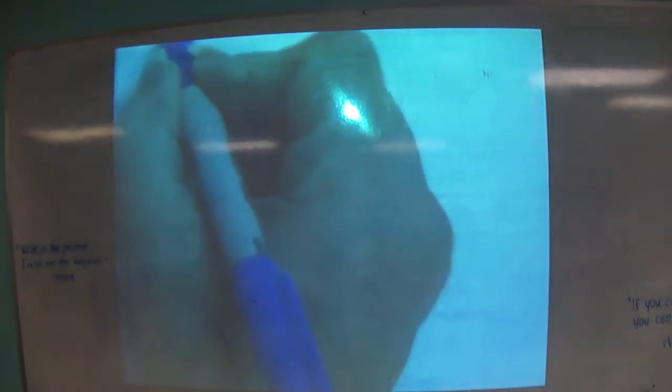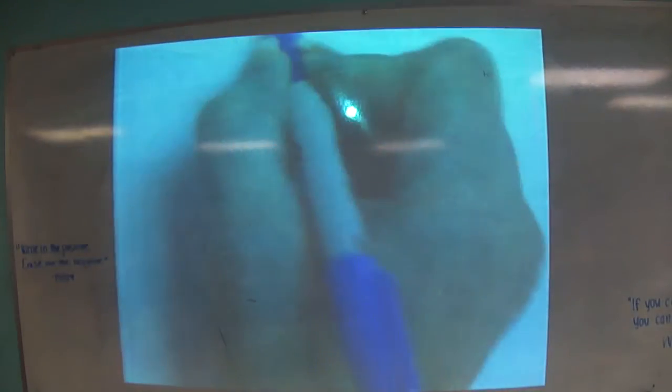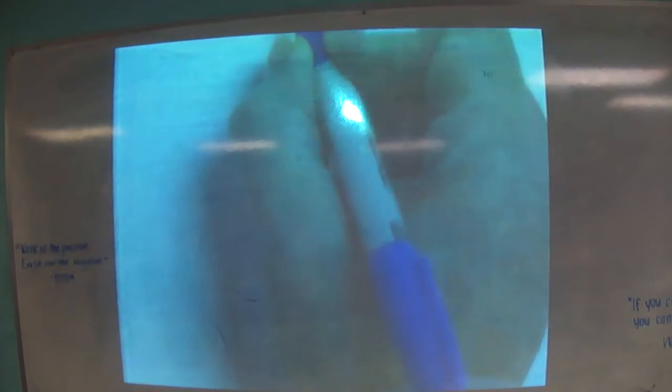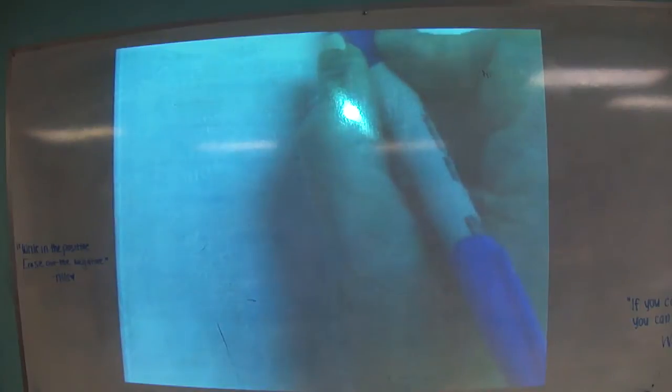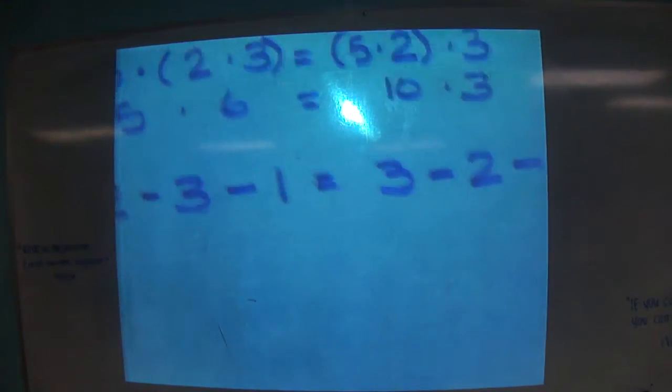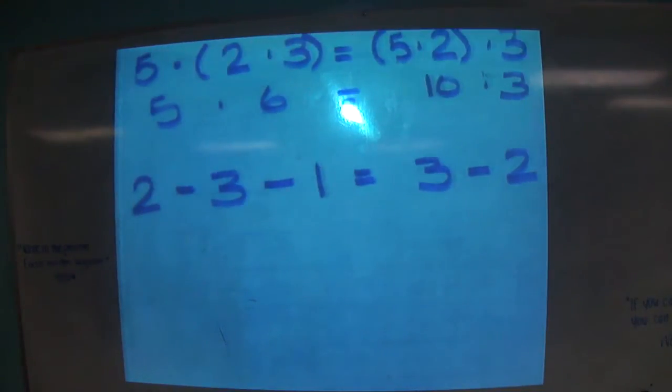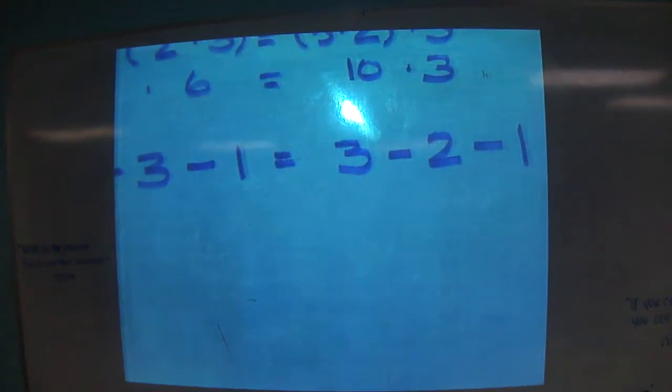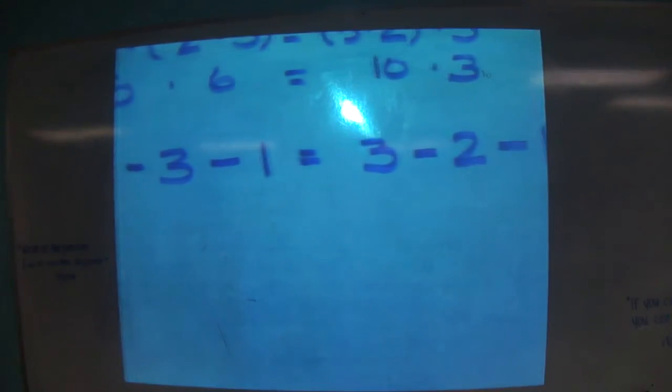But what about if we had 2 minus 3 minus 1? Is that equal to 3 minus 2 minus 1? No, and that's commutative.